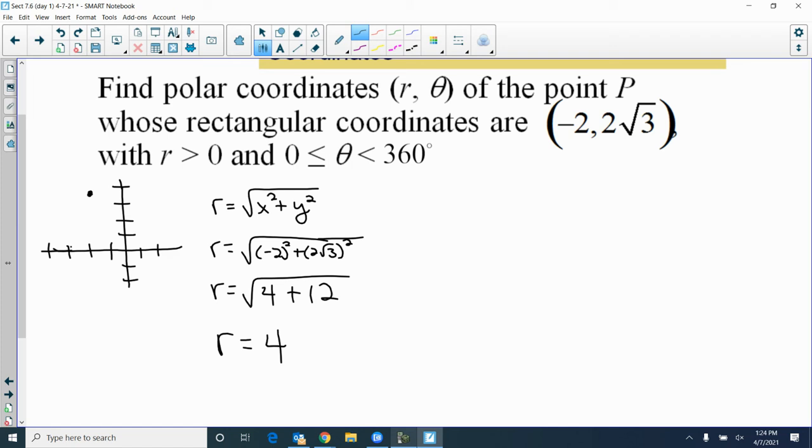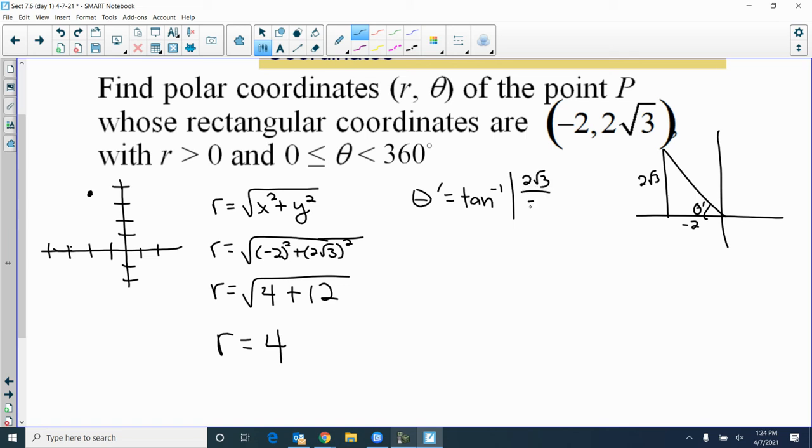Now we want the reference angle. Not that you have to draw it, but we know it's in quadrant 2. This is my reference angle. I know this is negative 2 and this is 2 square root of 3. So my reference angle, theta prime, is inverse tangent, absolute value, I'm just going to drop any negatives. You can type that in your calculator, but what cancels, just to make it a little bit easier?